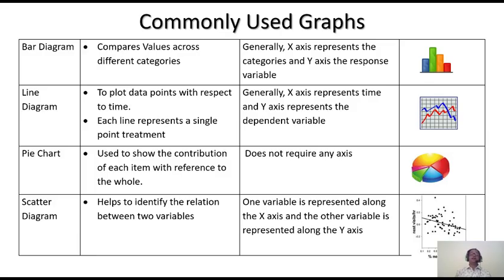Then comes the line diagram, which generally has a time variable along the x-axis and the numerical values along the y-axis. Numerical values coming from a particular entity are connected by straight lines. Values coming from another entity are connected by another group of straight lines, colored differently so that the things can be differentiated.